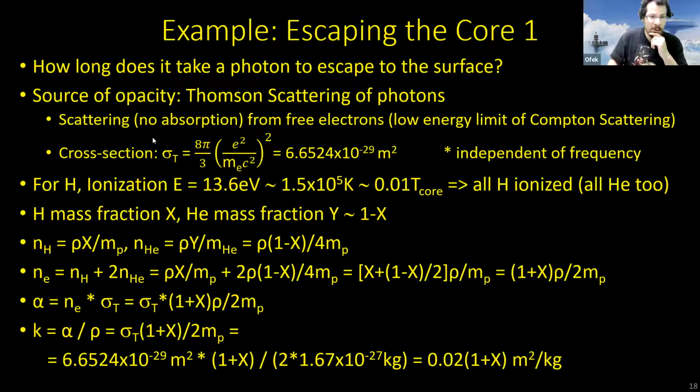Okay, how many of these do we have in the core of the star? That is, what is the system and what's the density of these scatterers? So we recall that hydrogen is ionized at the Rydberg energy, 13.6 electron volts. That's basically ripping an electron from the innermost shell of hydrogen all the way out to energy 0, to the outside.